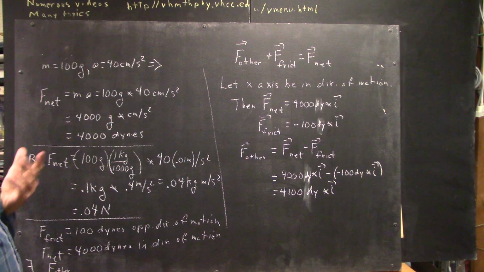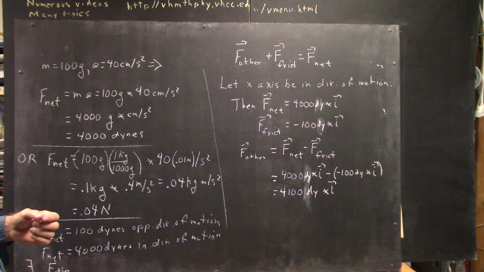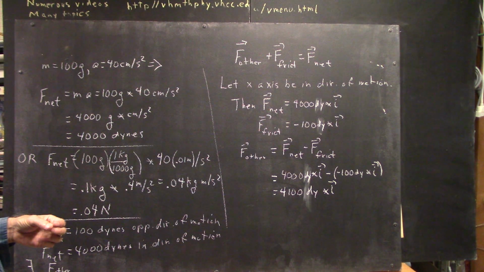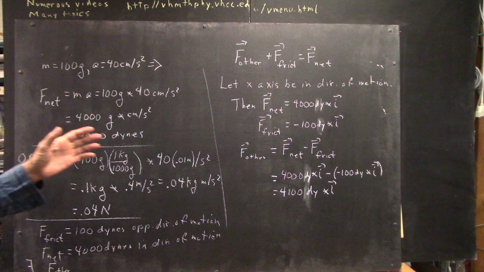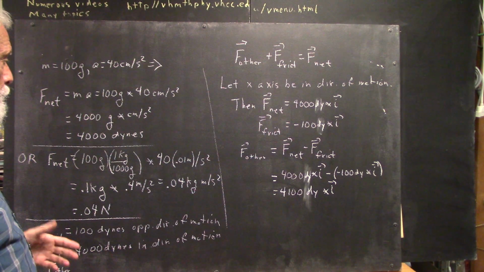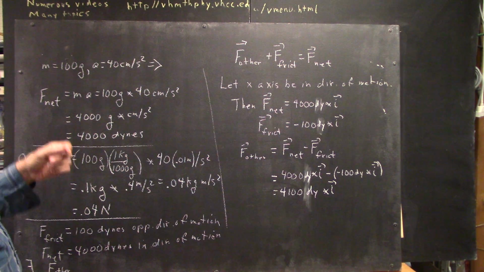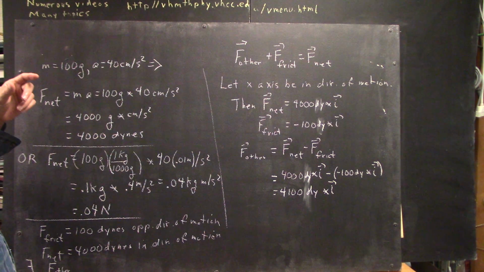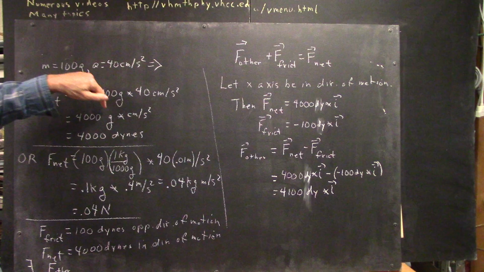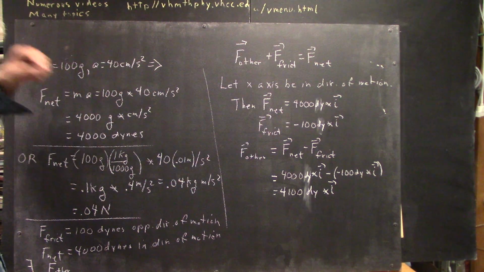Now, you were given the information that a gram accelerating at a centimeter per second squared requires 1 dyne of force. It doesn't take too much to reason from that that we would expect 4,000 gram times centimeters per second squared to be 4,000 dynes.